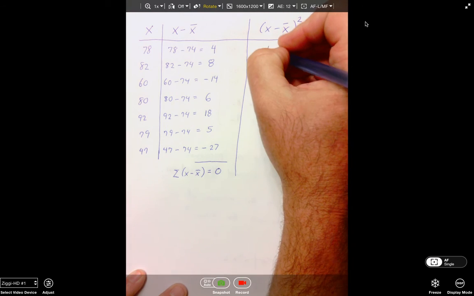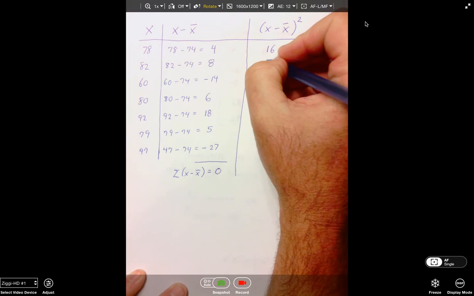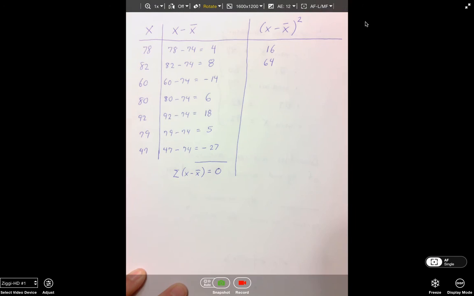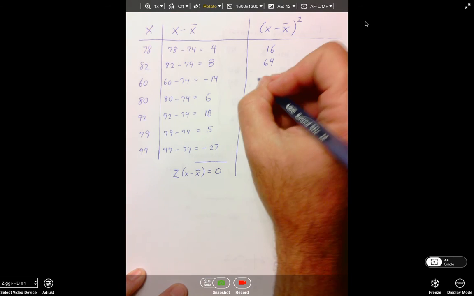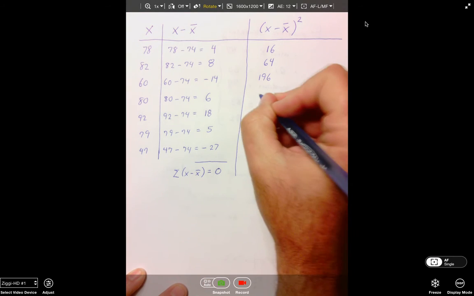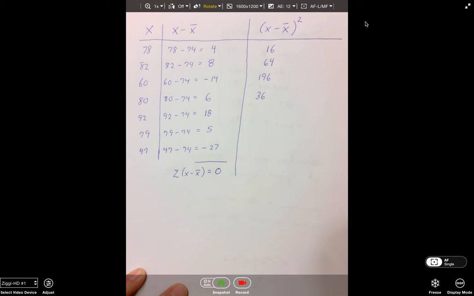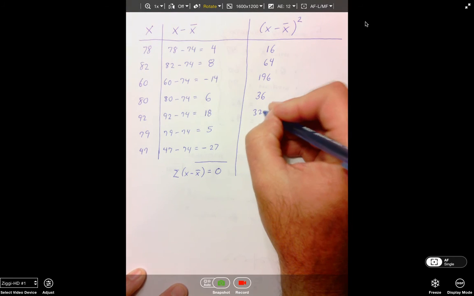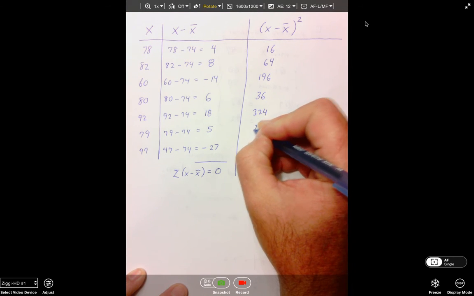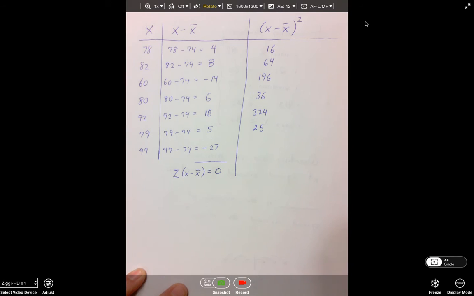So 4 squared is 16, 8 squared is 64, 14 squared, I think it's 196, 36, 18 squared, I think is 324. 5 squared is 25, and 27 squared is 729.